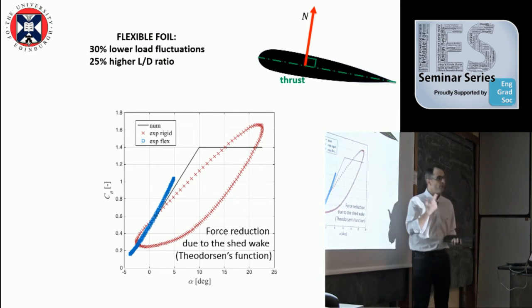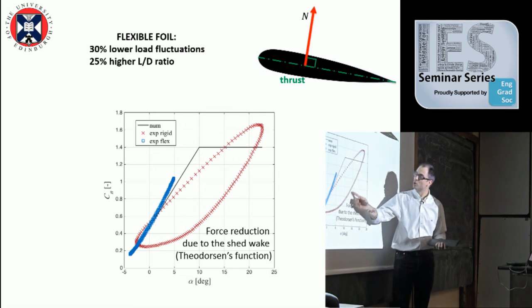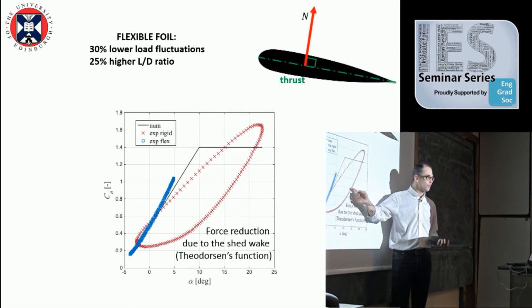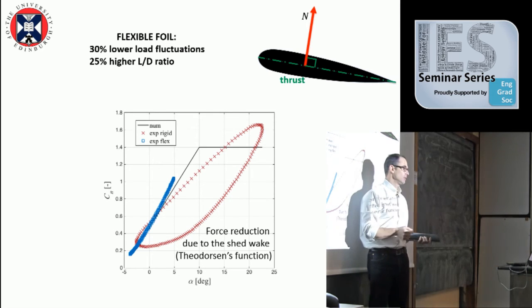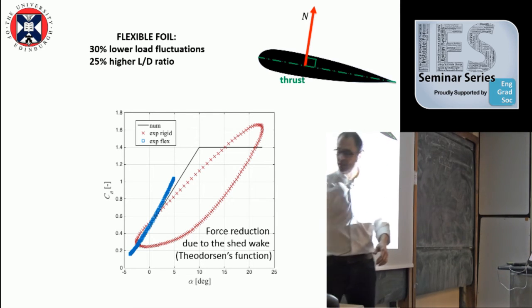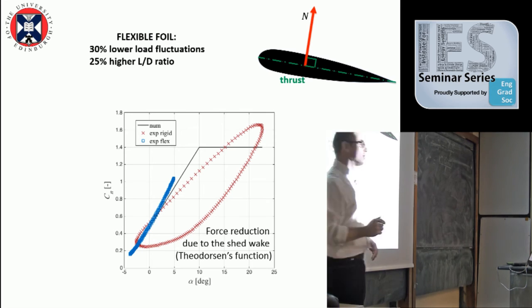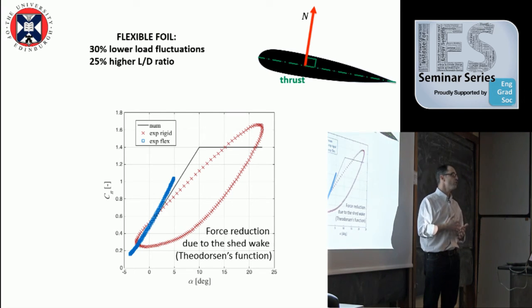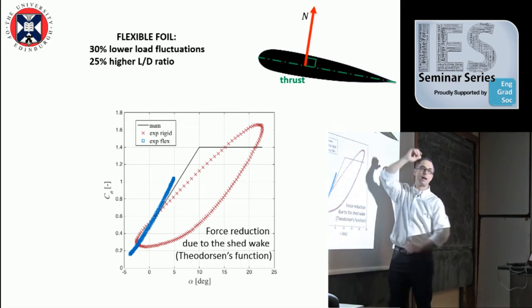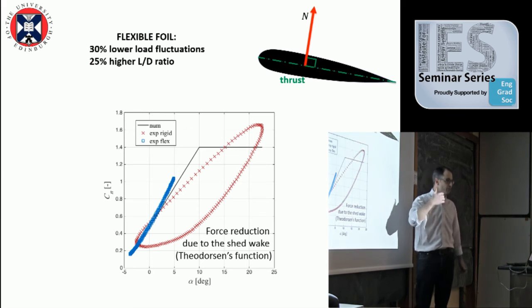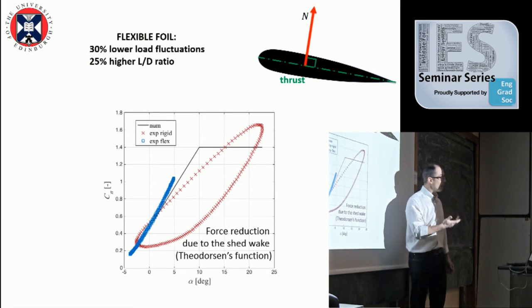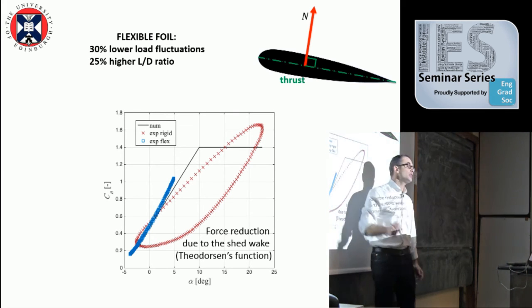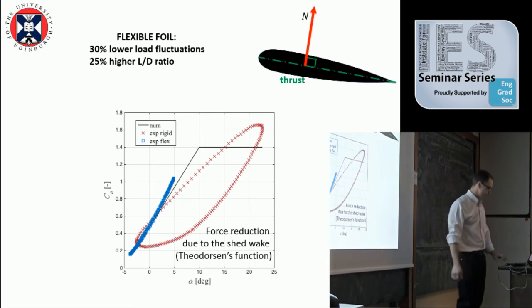But even more importantly, because you're not losing a lot of lift due to the trailing edge vortices, the efficiency is higher. So the bottom line is that the flexible foils will have a longer fatigue life because they will not break due to such large load fluctuations, which are periodic every wave. And on top of this, they are far more efficient in terms of lift over drag ratio.